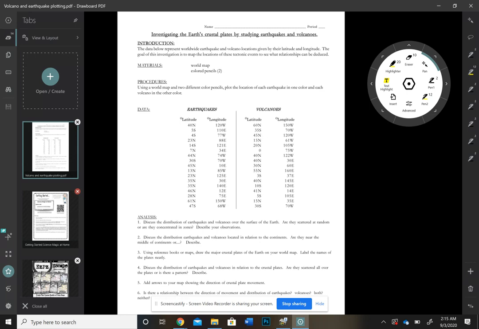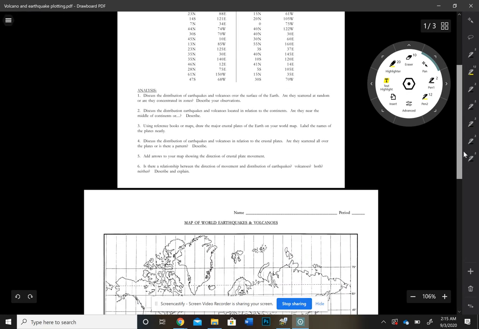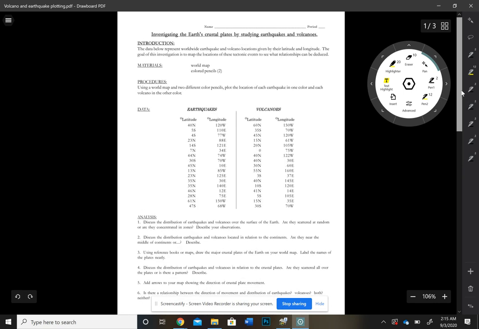Also, there is an analysis section right here that I do want you to fill out. There is not enough room to put your answers right here, so I do expect you to write that on notebook paper so that you can accurately describe.